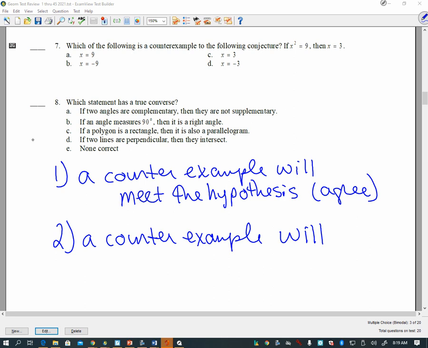A counterexample is an example that is counter to what I just said. You're not creating a new statement. You're coming up with an example that is counter to my statement. If a plant is a tree, then it is an oak.